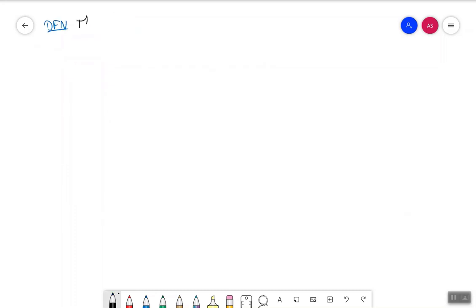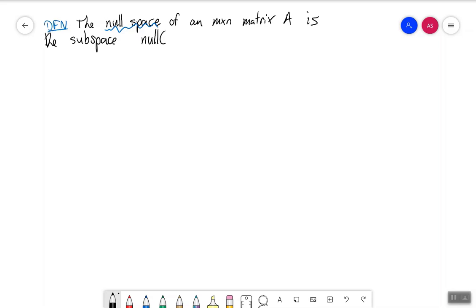Definition. The null space, put a little squiggly under there, of an m by n matrix A is the subspace, written null of A, of Rn, consisting of the solutions to the system Ax equals 0.